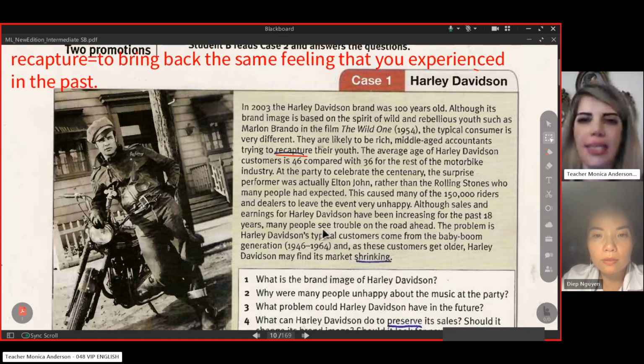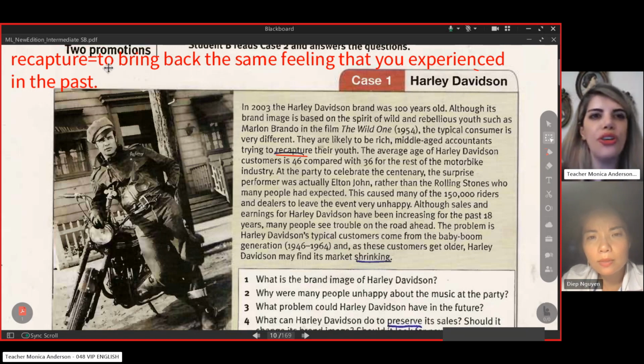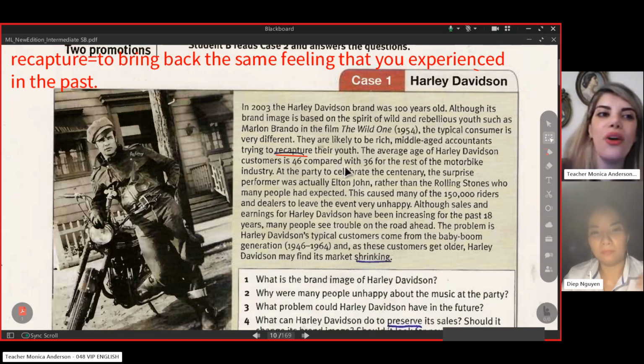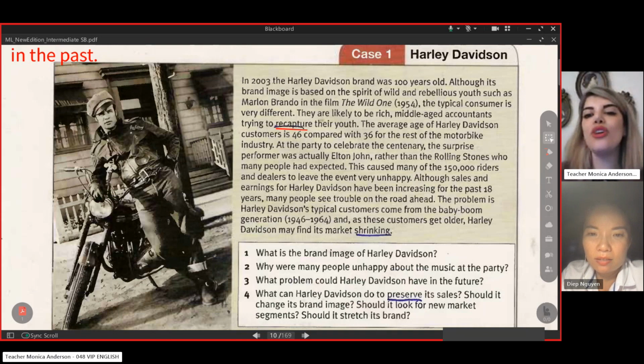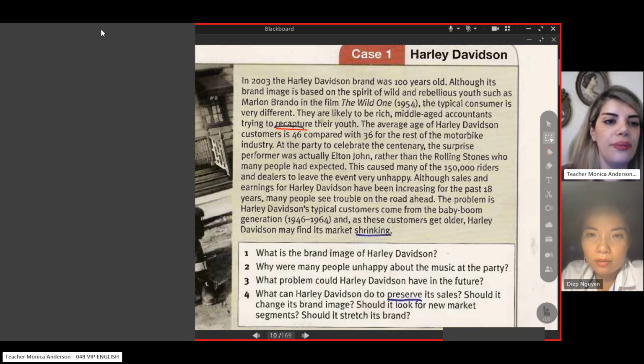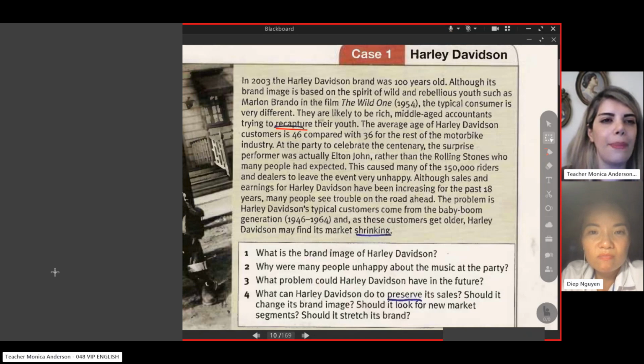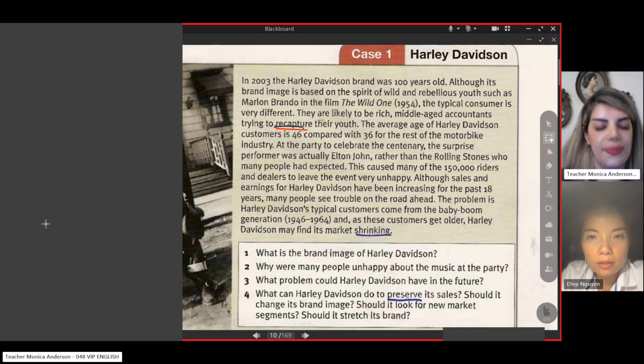Very good. I wrote the word to capture here: to bring back, to get back the same feeling that you experienced in the past, for example, their youth when they were young. So, what is the brand image of Harley Davidson? It's based on what?